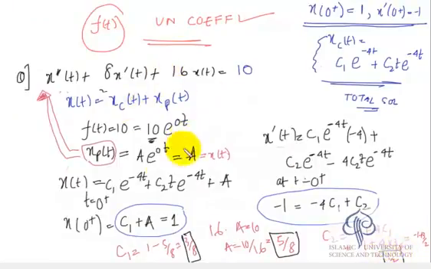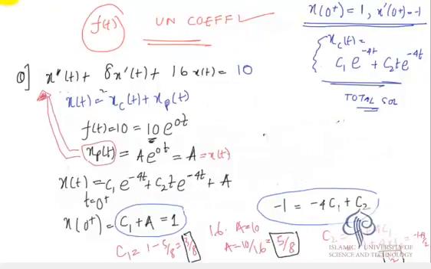So the solution is obtained by putting these three values in the original equation. So the final solution, which is unique because the initial conditions are satisfied, is 3 by 8 e to the power minus 4t plus 1 by 2 t e to the power minus 4t plus 5 by 8.